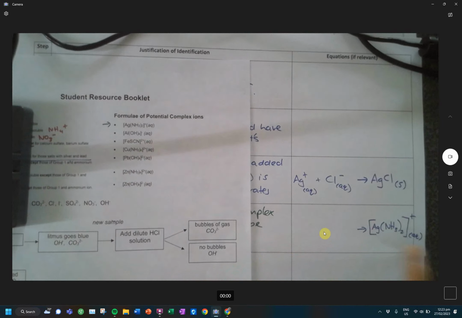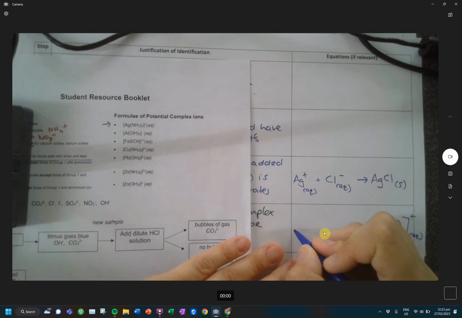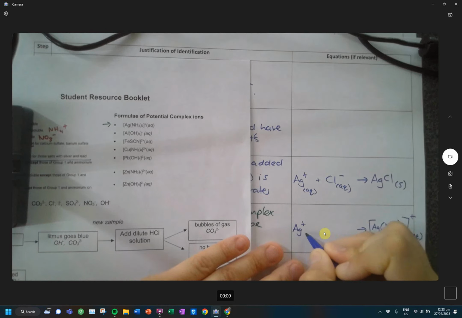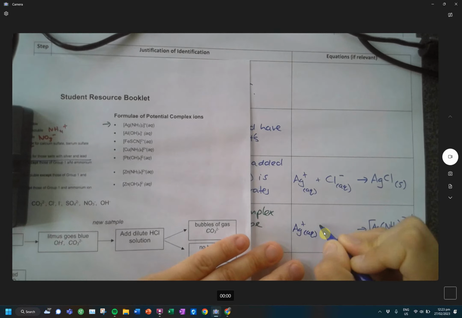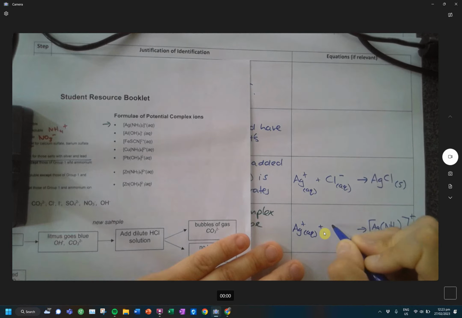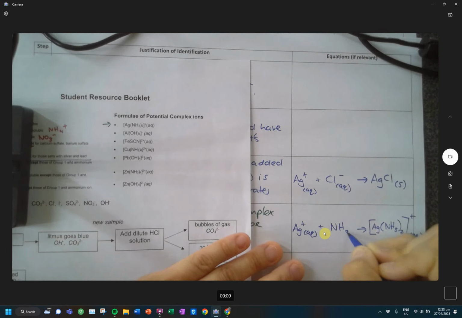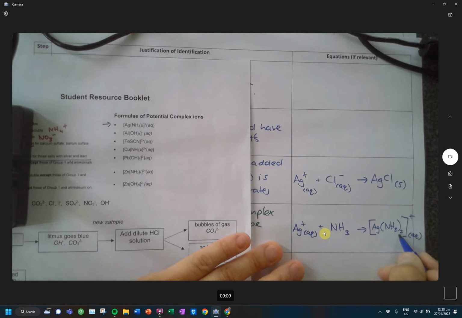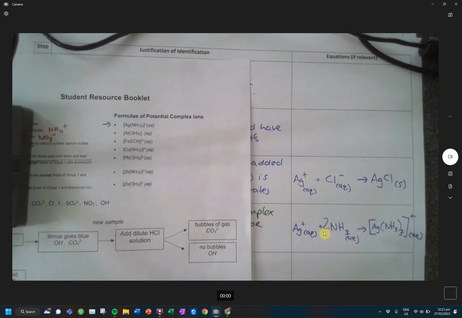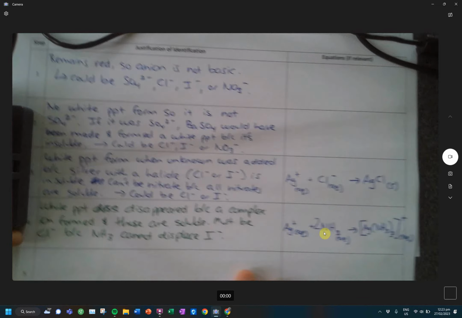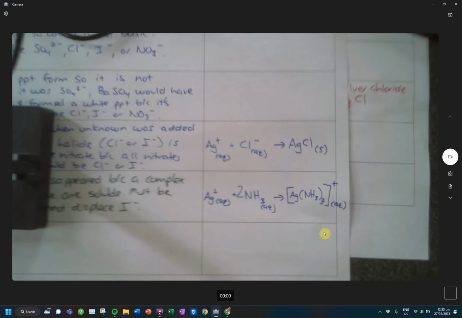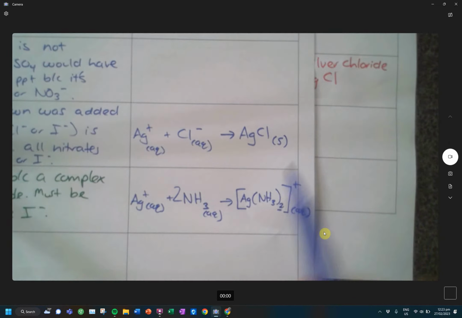Again, when I have that product, I can just write it as what the reactants are. So I had Ag plus, which is aqueous, plus the ammonia. Now ammonia, NH3, I see there's a 2 underneath here, so I'm putting a 2 in front to balance it. It's going to zoom up so you guys can see that.